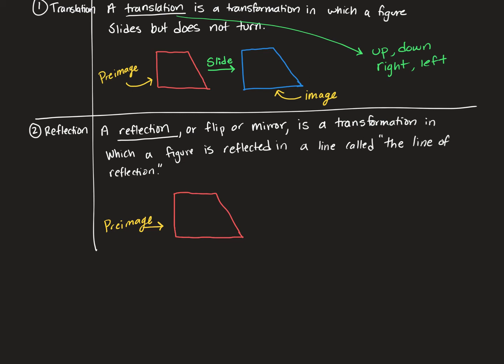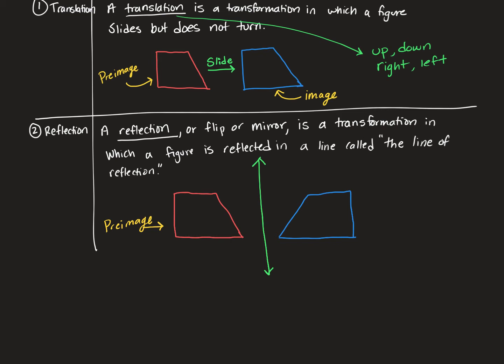And let's draw a mirrored version of this. Oops, wrong color. There. And the line of reflection will be this green line.